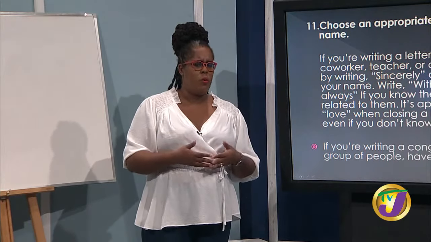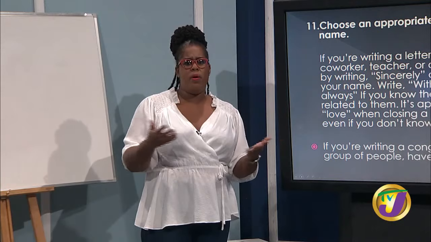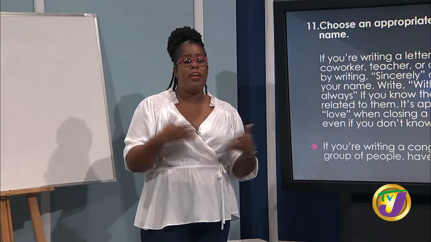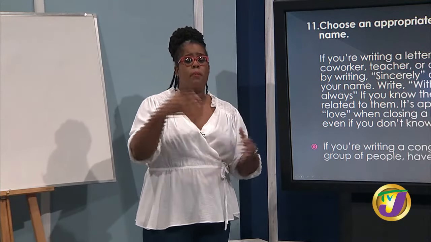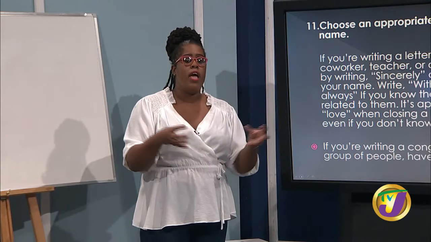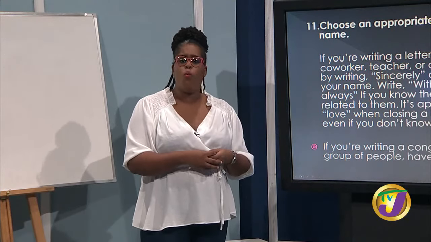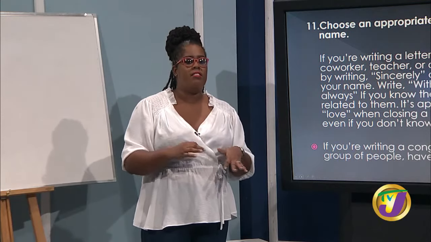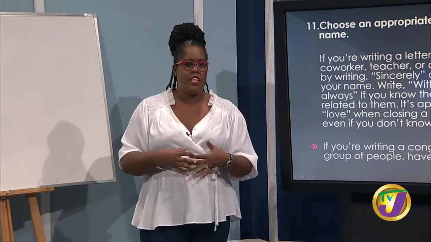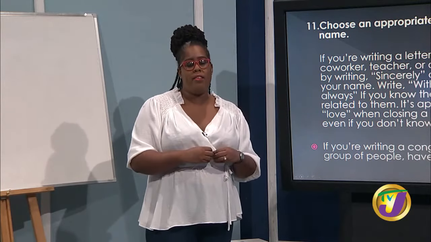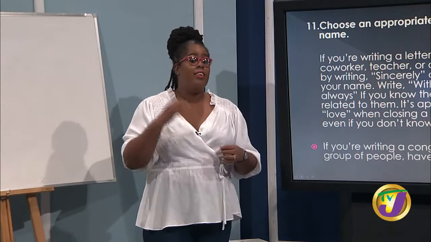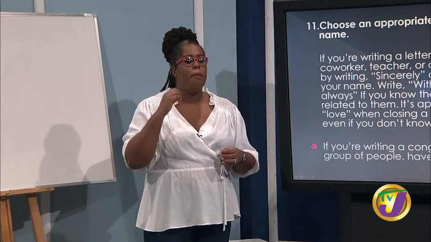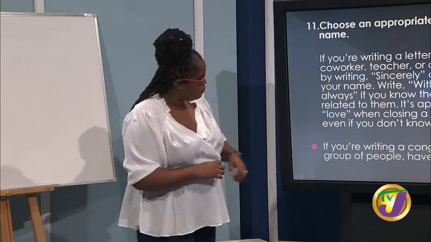You won't end the letter with love, because maybe the person is not close to you. And even if the person is close to you, you're still within the confines of a professional workspace. So you would not close off your letter with love if it is in a formal capacity. You will end with sincerely or best wishes.